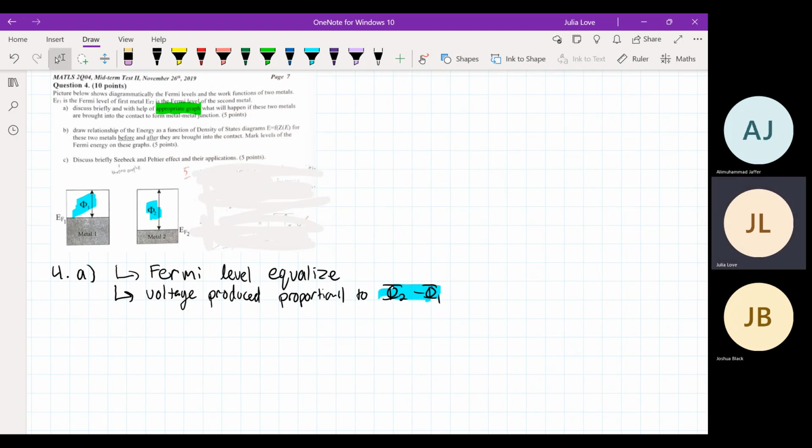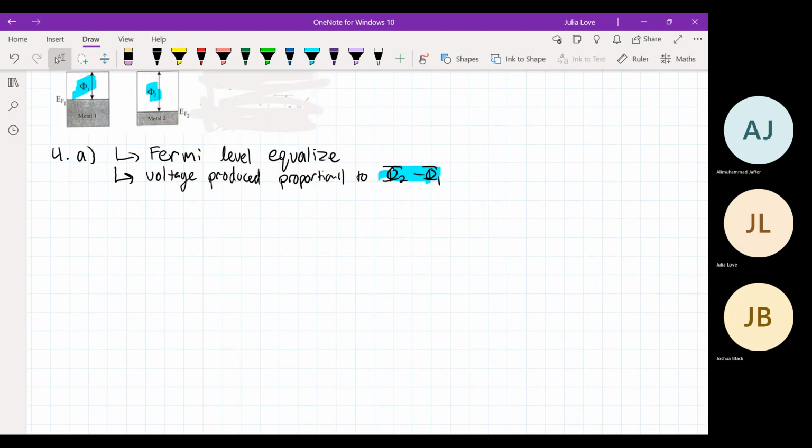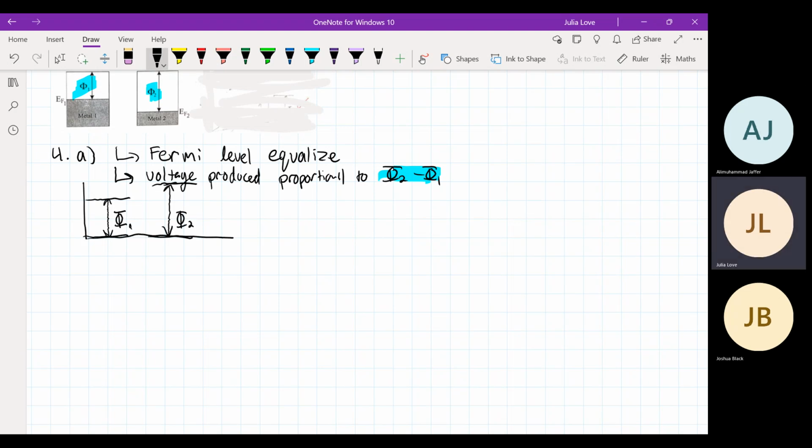And then in terms of graphs, we first have the first metal, and then the second one, which was taller. And basically when these are put together, you're going to have this relationship over time where they make this difference in the middle.